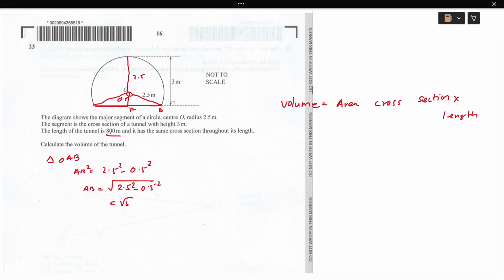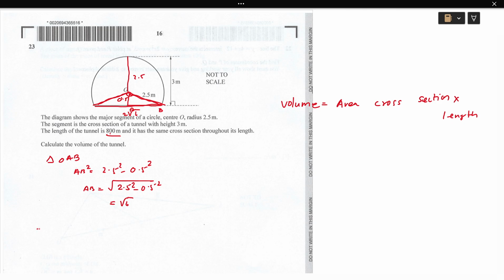Now I want the entire length. This length is going to be 2 times square root of 6, so the base is 2 times square root of 6. Now I'll find the area of this triangle.